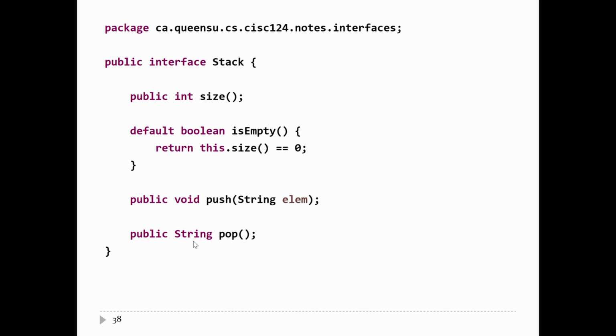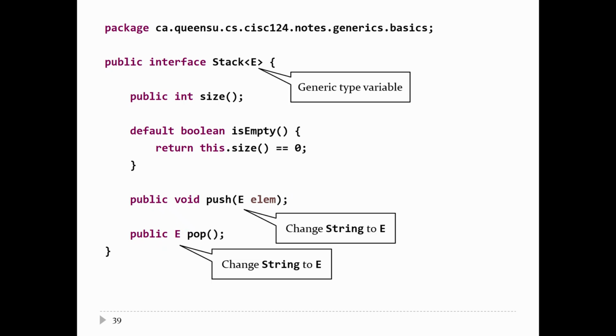Turn it into a generic interface, that's it. Add the generic type parameter after the interface name. Change the element type for push to E, and change the return type for pop to E as well. And you've now got a generic interface.